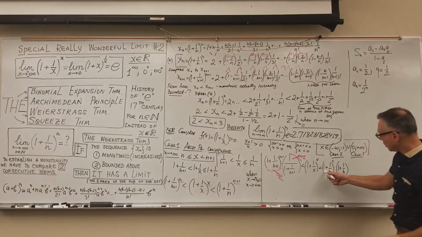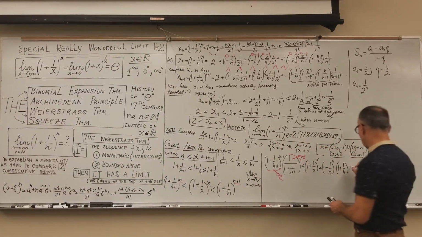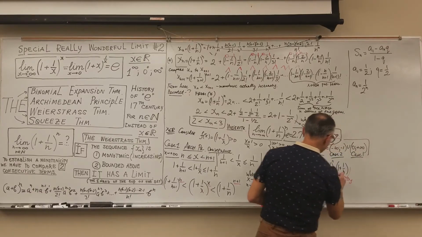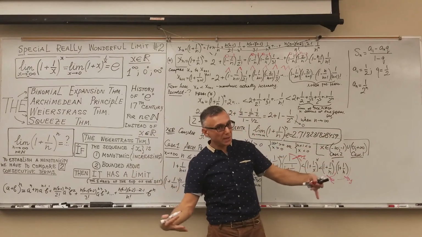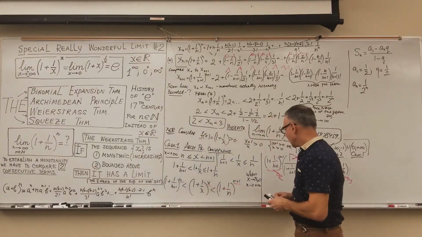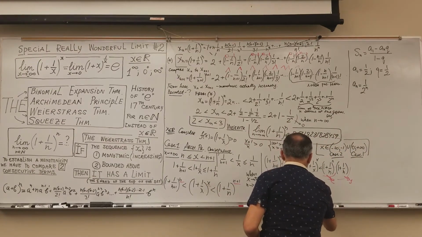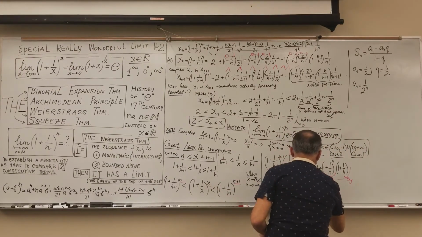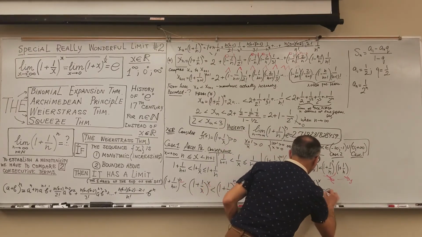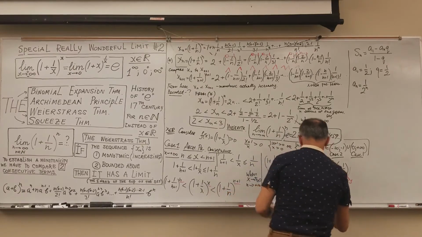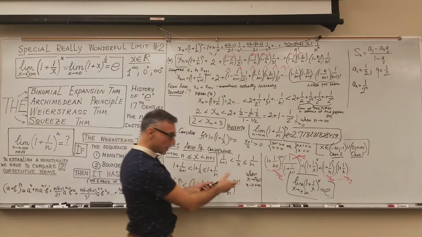So from both sides, your values go to e in the limit case, which means that the value in the middle, the limit of 1 plus 1 over x, power of x, as x goes to plus infinity, is exactly equal to e. I just proved it for the real numbers. When x goes to plus infinity, it's equal to e.